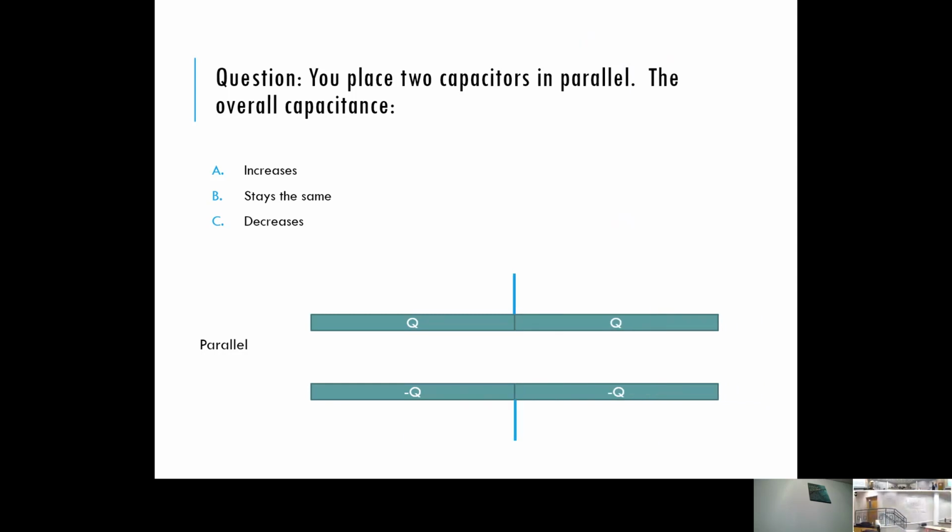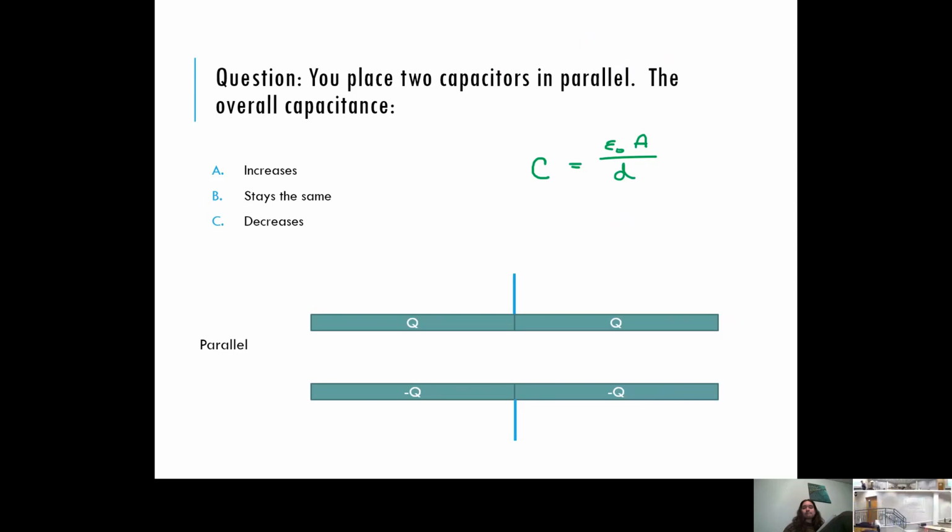So that's almost as if you increase the area of the capacitors. From our equation for the parallel plate capacitor, the capacitance is inversely proportional to the distance between the plates, and directly proportional to the area. If I increase the area, I can increase the overall capacitance.